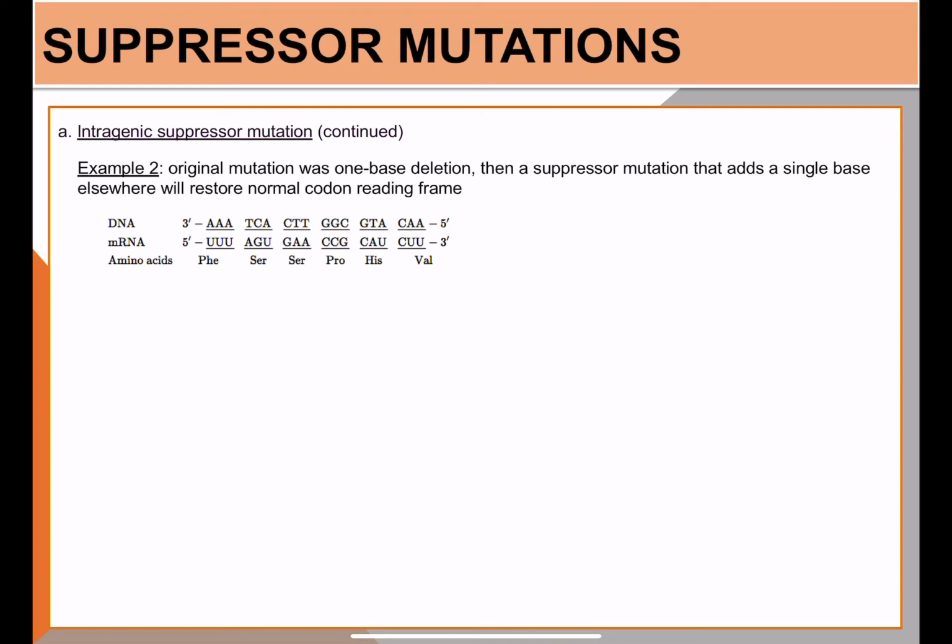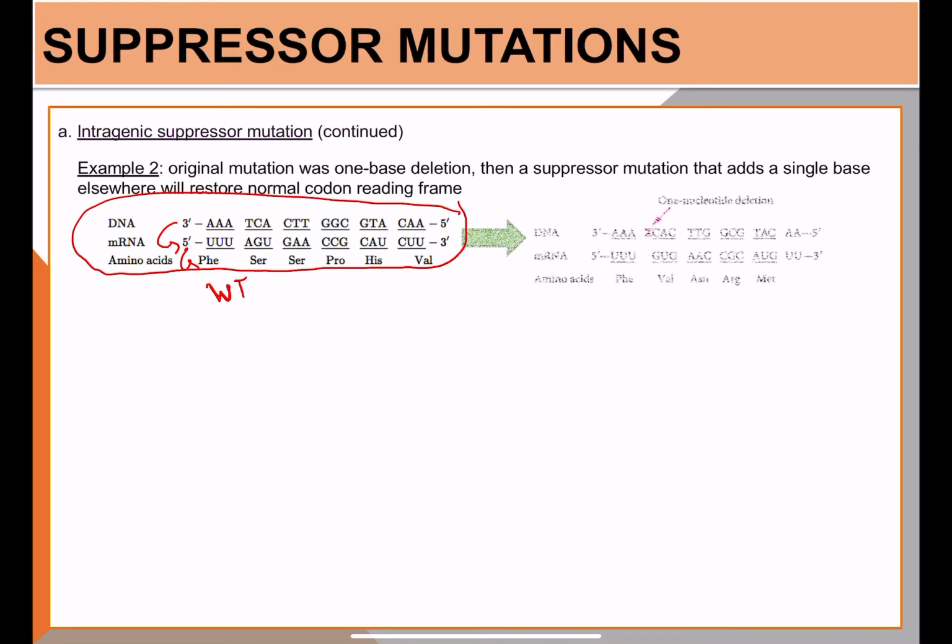So, for example, you have this original DNA sequence, and then the consequent mRNA sequence, and then the consequent amino acid sequence. That's what your wild type sequence is supposed to be. And then, let's say there was one nucleotide deletion. So this particular T right here was deleted in this original mutation.